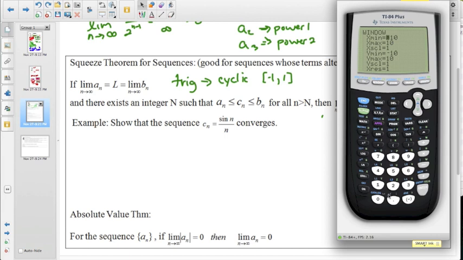Let's start at an x min of 0. We don't need negative values for our domain. Let's go out to, let's say, 10 pi. So we're in radian mode.